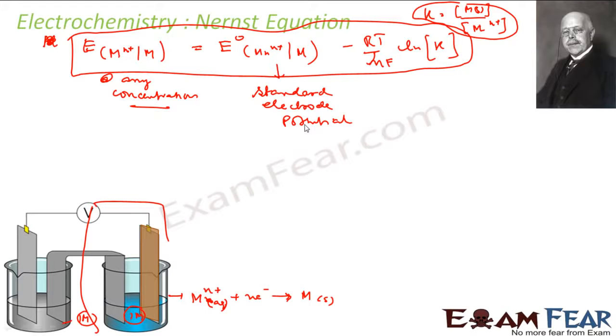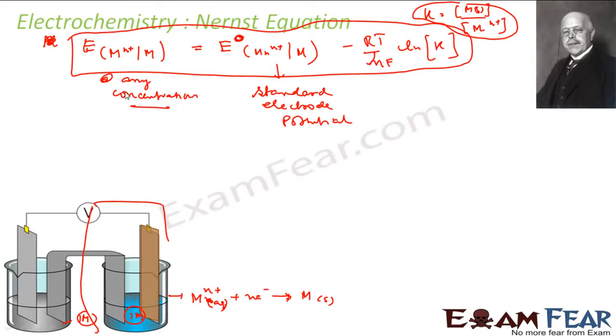Till now we have used SHE, assuming its potential to be 0. Actually it is not, and then we found the standard electrode potential of copper, and of zinc also, assuming that everything is 1 molar. But now in real life it can be any concentration.